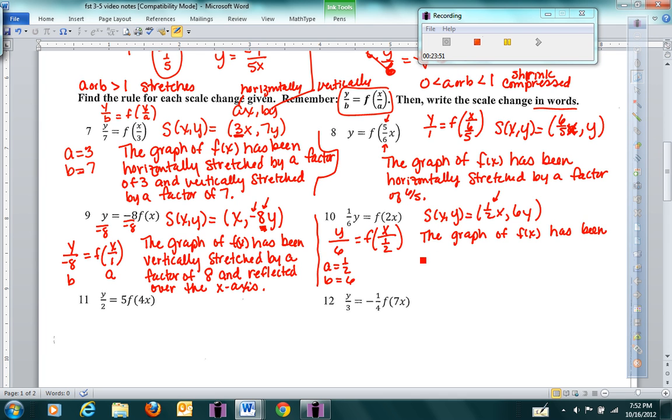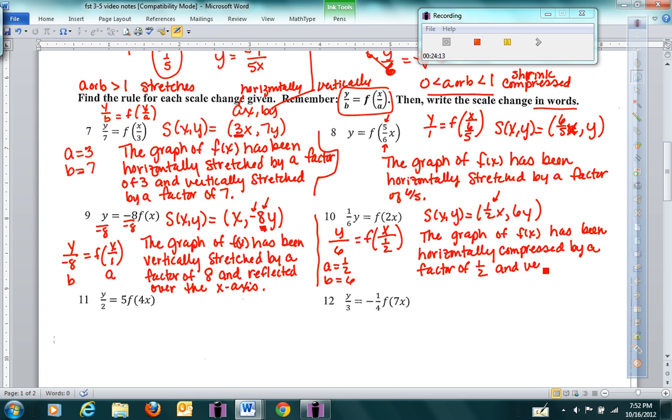going to be horizontal, so horizontally, and then this time because we have a fraction, we're going to say compressed by a factor of 1/2, right?